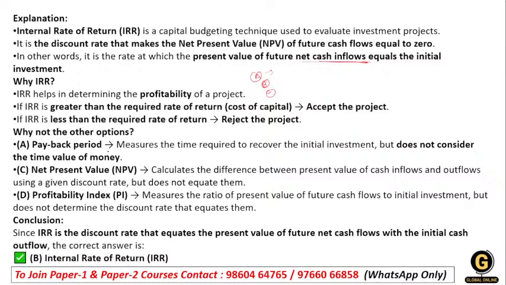If the IRR is greater than the required rate of return, you have to accept it, because it means your profit is more than your cost of capital. If your IRR is less than your cost of capital, you have to reject it, because that project will not be cost sufficient or profitable for our organization. That's why we use the IRR, internal rate of return.